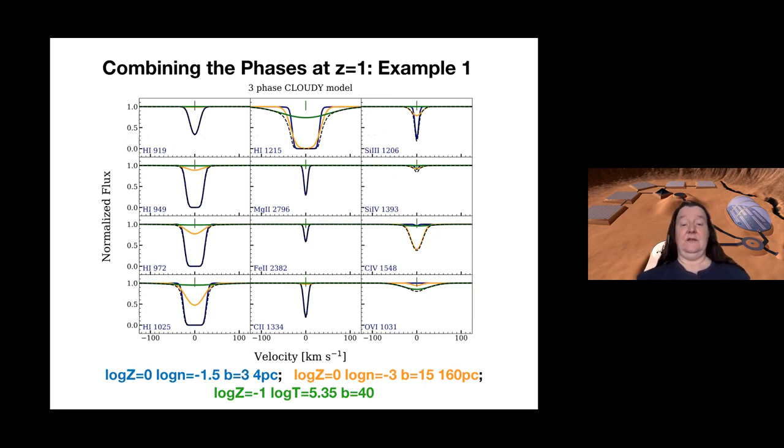Let's put these phases together. Let's do a 3-cloud model where all 3 clouds are centered at the same velocity. So the low ionization phase you see here in magnesium 2, the gold is the carbon 4 intermediate ionization phase, and then there is an oxygen 6 phase that we see in green.